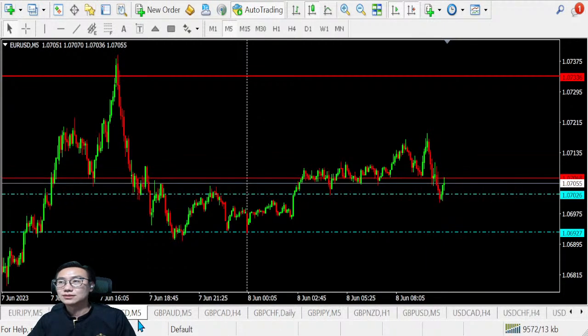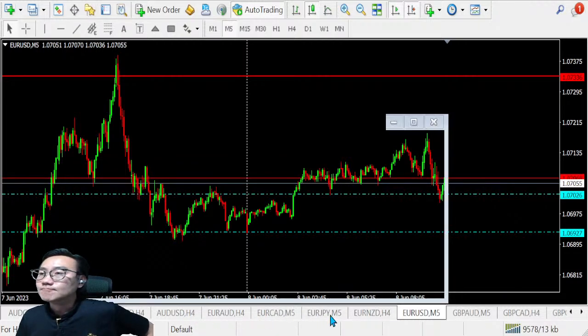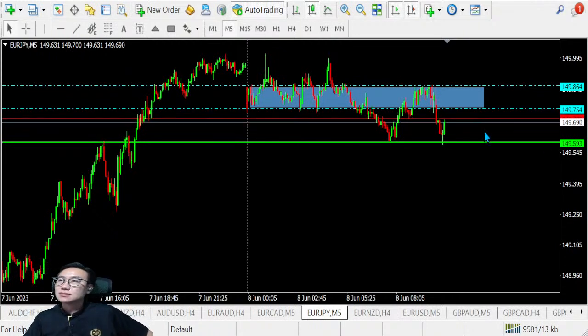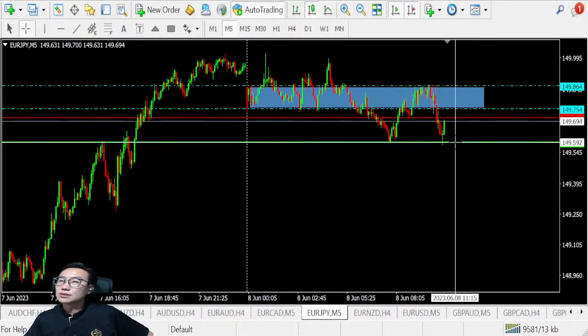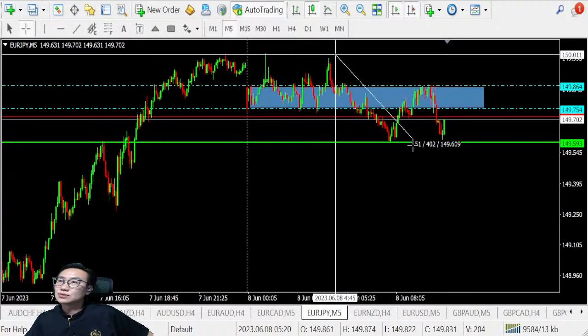Euro dollar. Euro yen, okay. Now it has taken out the lows, and we should be looking out for the highs.